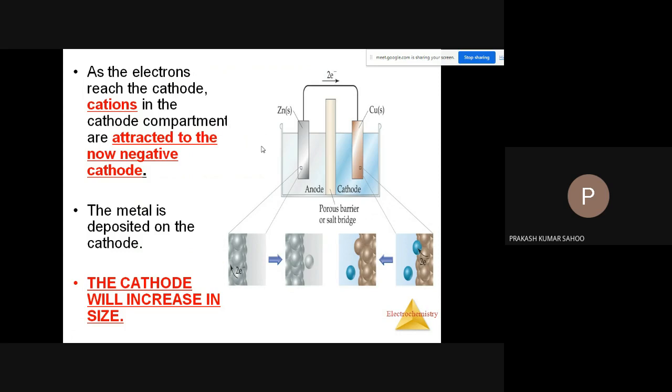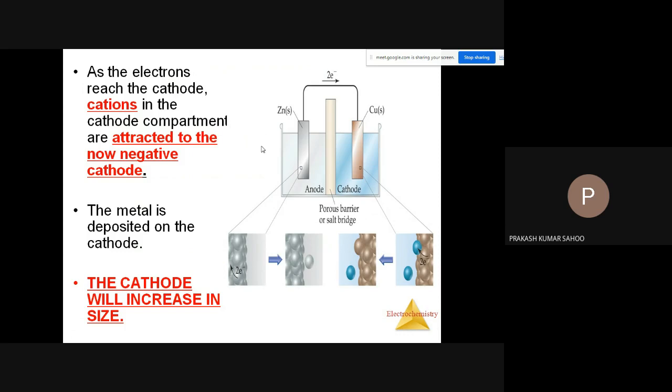So this is the standard condition. When the potential of a particular element or a cell is determined at this condition, it is known as the standard reduction potential.